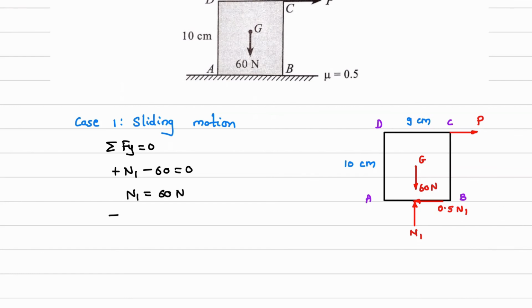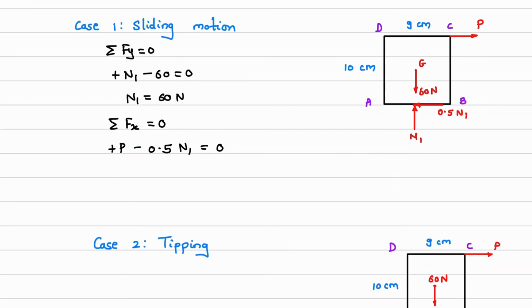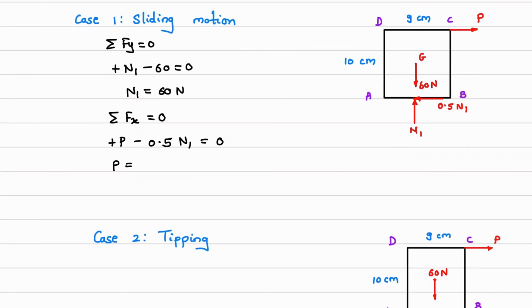Next, summation Fx equal to 0. All the forces in x direction, summation of that will be equal to 0. So plus P minus 0.5 N1 and N1 value we know 60 equal to 0. So from here I can calculate value of P. P is equal to 30 Newton.